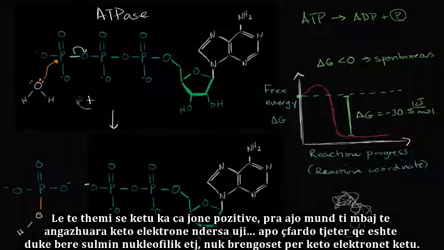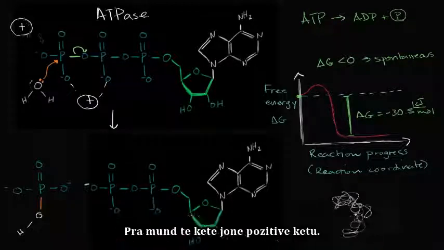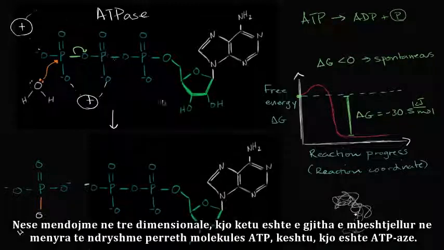So let's say there's a positive ion here, so it can keep these electrons busy while the water, or whatever is doing the nucleophilic attack, can react without having to worry about these electrons over here. So it might have a positive ion here. And remember, if we think in 3 dimensions, this thing is all wrapped around in different ways around the ATP molecule. So this is the ATPase.